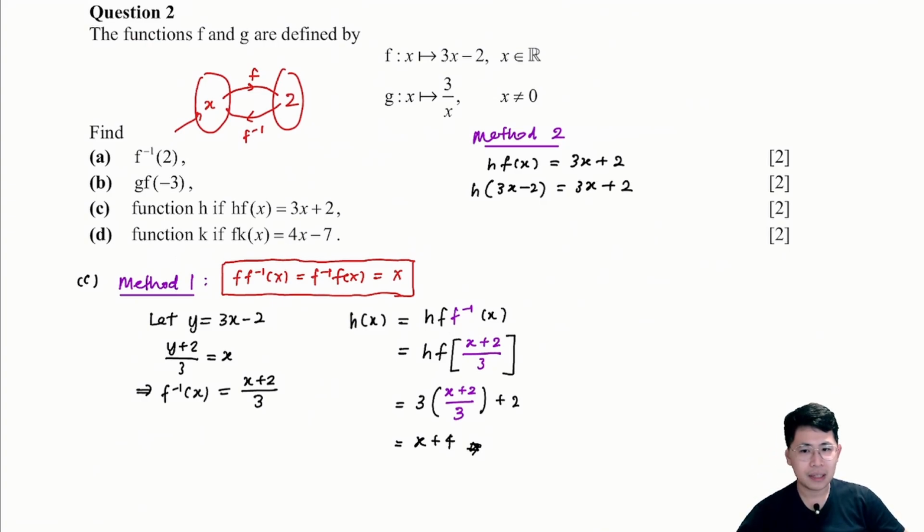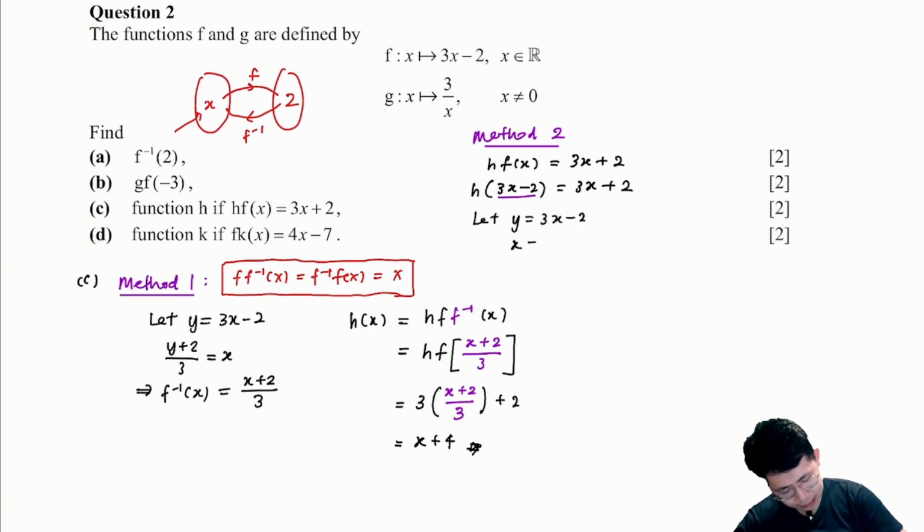I will let y equal this input first. So let y equal 3x minus 2. So x is going to be equal to y plus 2 over 3. The next step is to replace this with y. So I have h of y over here, and I will replace x with this expression.